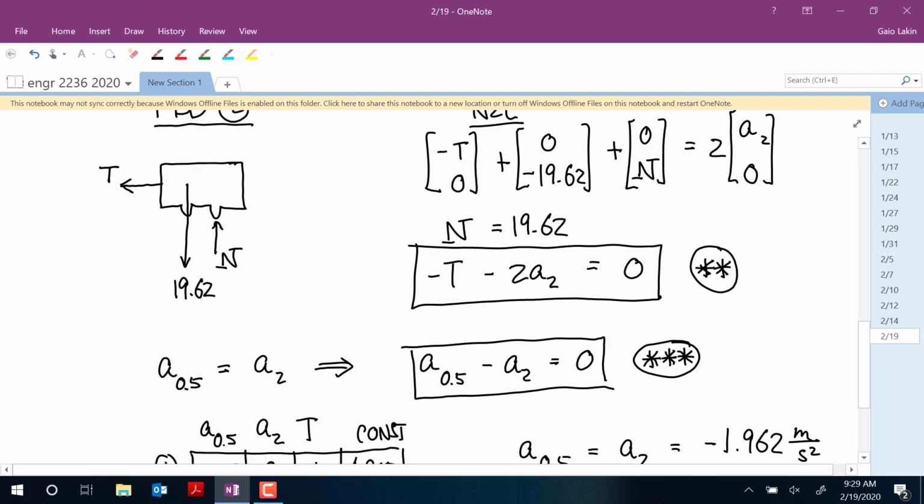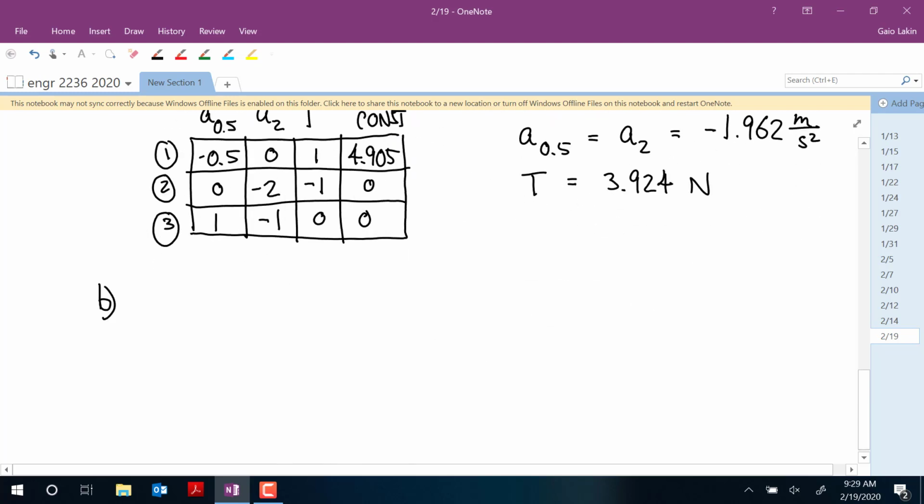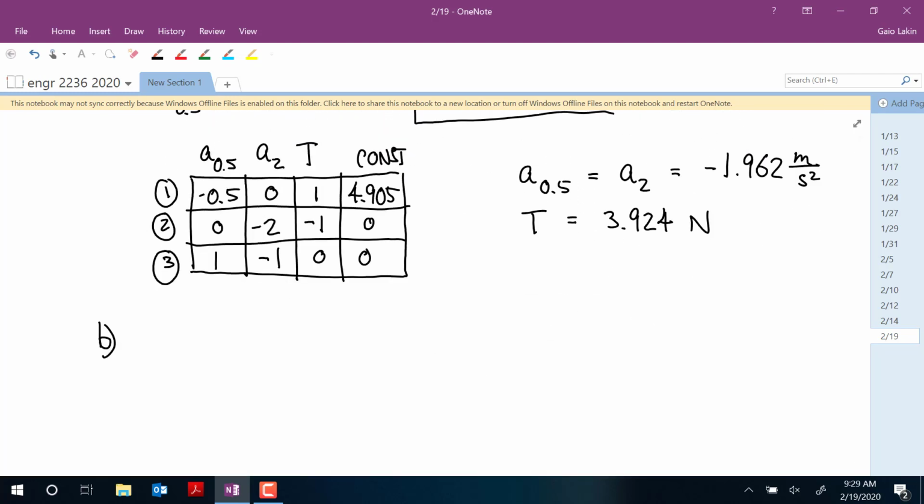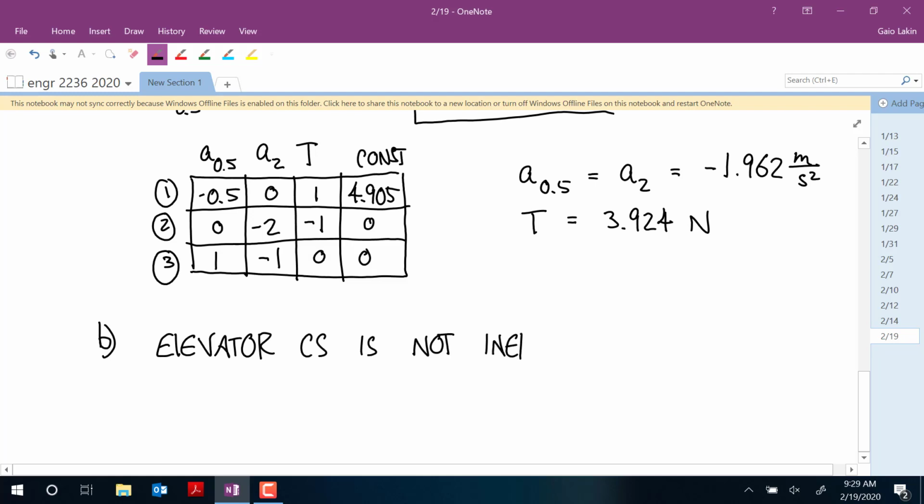It's more complicated than that. Okay, so the problem comes because the elevator coordinate system is not inertial. It's accelerating.